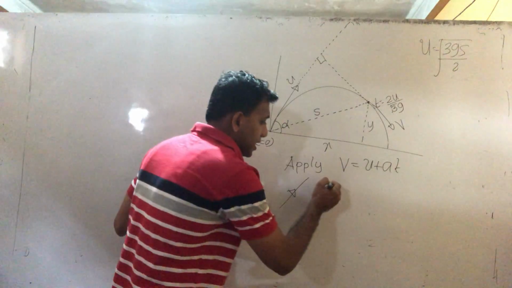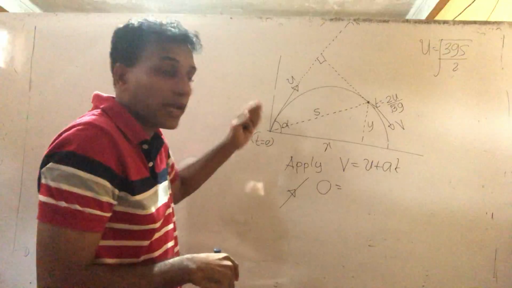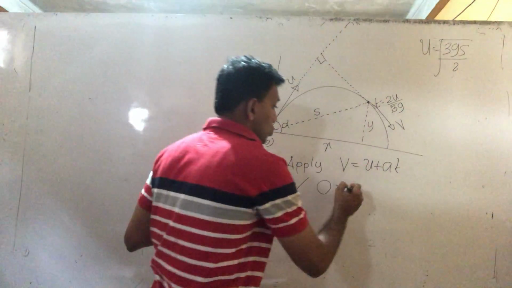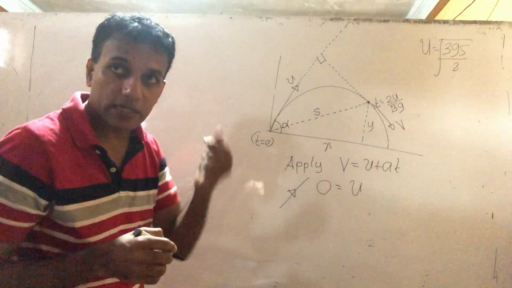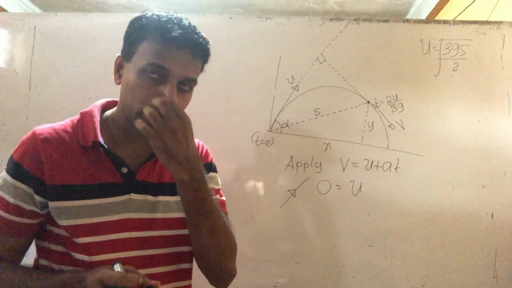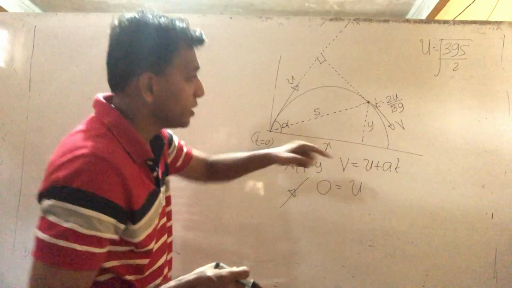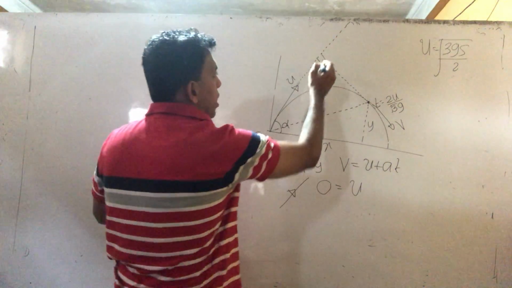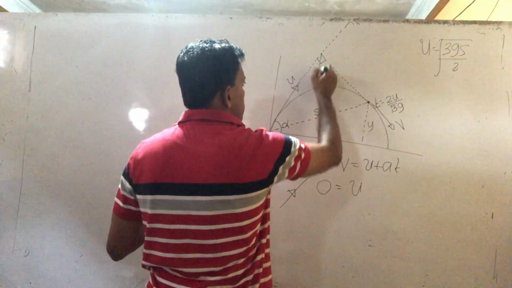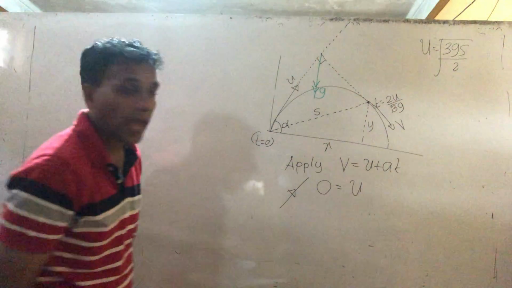Therefore, what is v0? Initially it is u cos alpha, not u sin alpha. The directions we apply along are important. What is the acceleration? It is motion under gravity, so we find the g component after time t, right? Gravity is always downwards. So how is the angle here?